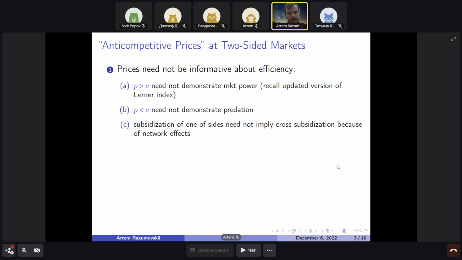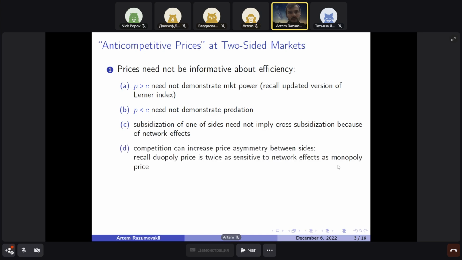The price for one side depends on the number of agents on the other side, so network effects matter, and there could be subsidies. If the platform generates profit on one side, there could be subsidies on the other side for other agents to join.